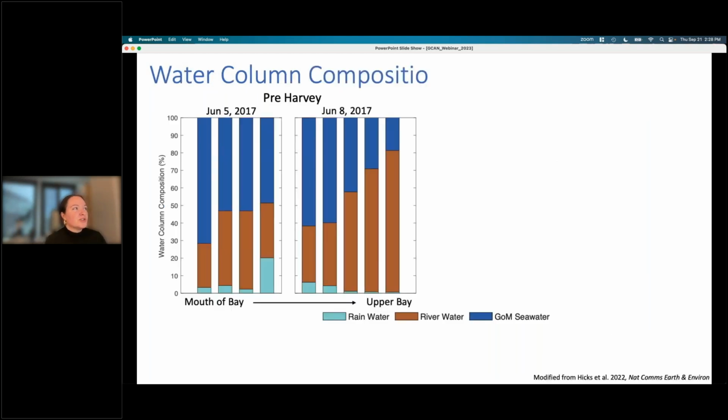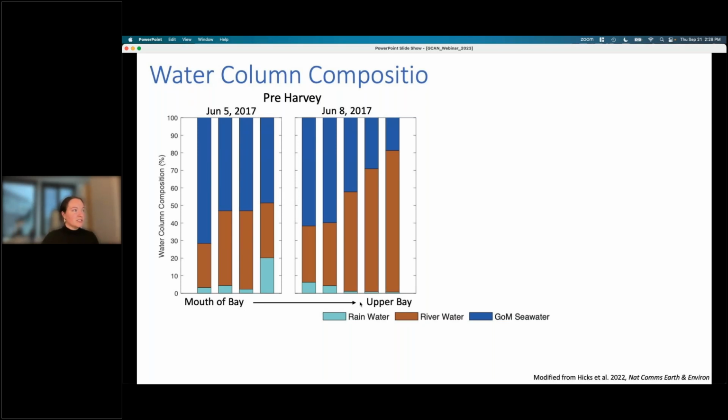In addition to investigating the potential influences on the mixing, we also utilize the three end member model to calculate the water column composition and potential influence that the tropical cyclone had on the bay composition as a whole. So for this plot, I'm going to show you two versions.